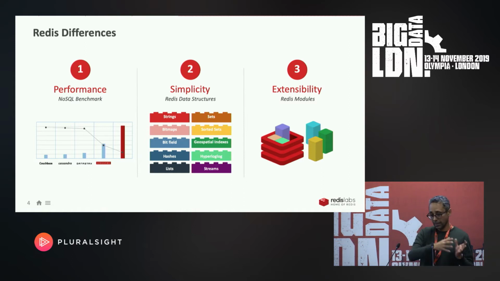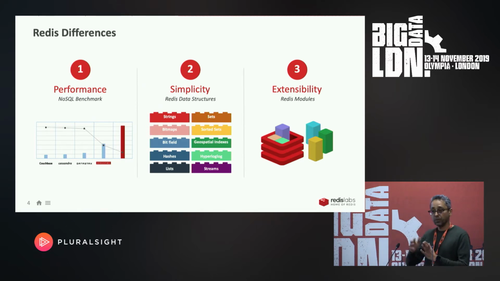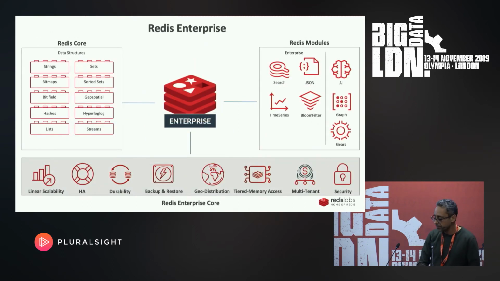Can you do search? So modules are kind of plugins that you can put into Redis, and those data structures become available to you. Most of them are developed by the community or Redislabs, and they work at the speed of Redis. You get consistent sub-millisecond performance there.